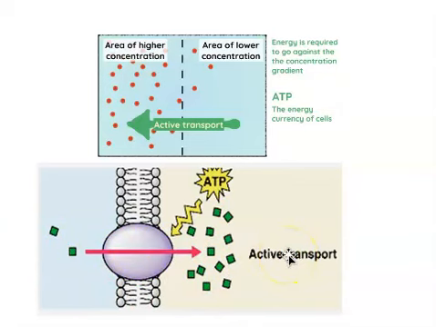And the only way it can manage that is by spending energy. And the energy molecule, the currency in the cell, is ATP. So it will break apart this ATP, it will break a covalent bond, and get a little burst of energy that will fuel this pump.